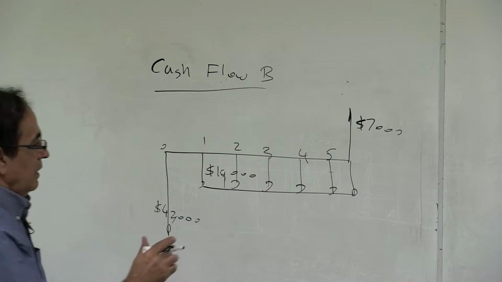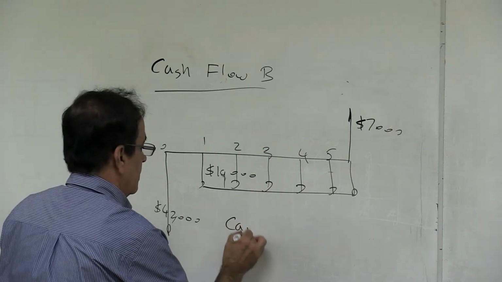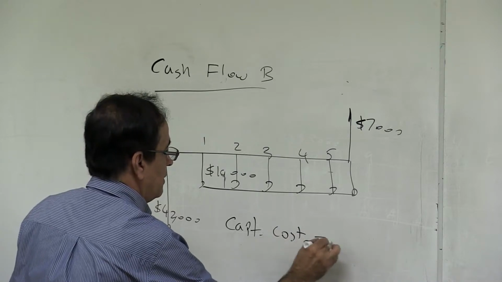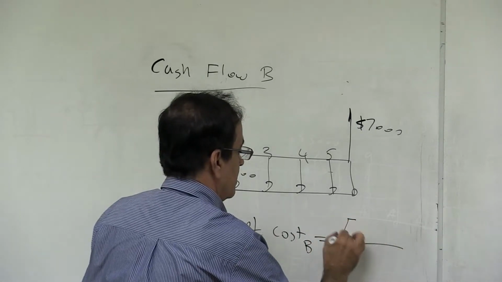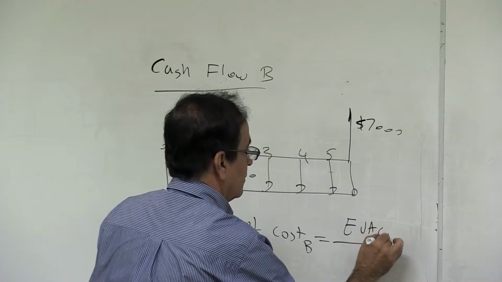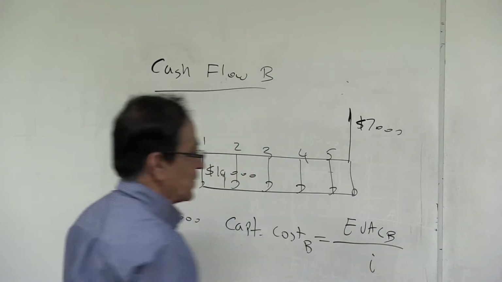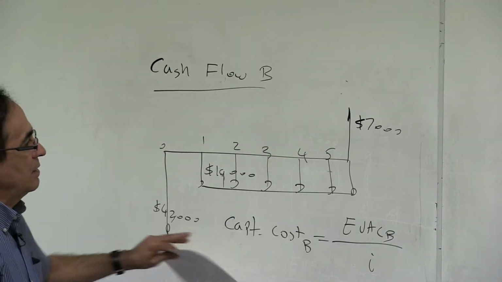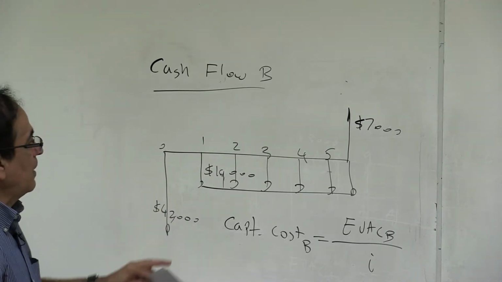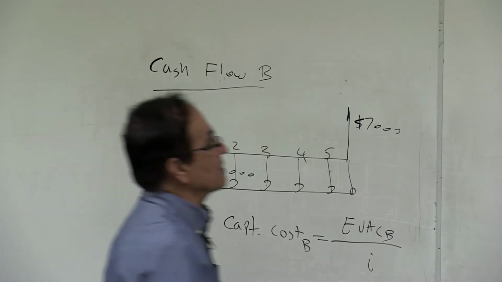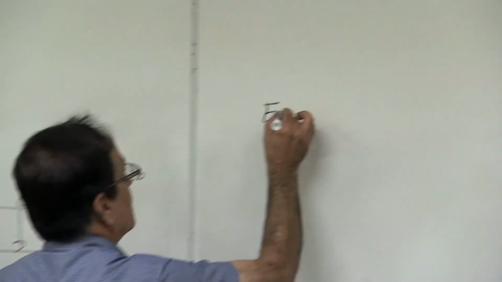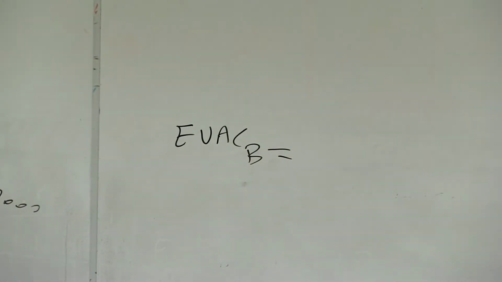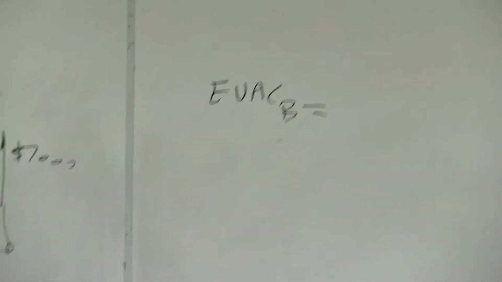So in order to find the capitalized cost associated with alternative B, first you have to find the annual cost for alternative B, divided by the interest rate. First, I'm going to find the annual cost for alternative B. We call this EUAC for B. When you do annual costs, you convert everything to a uniform payment.